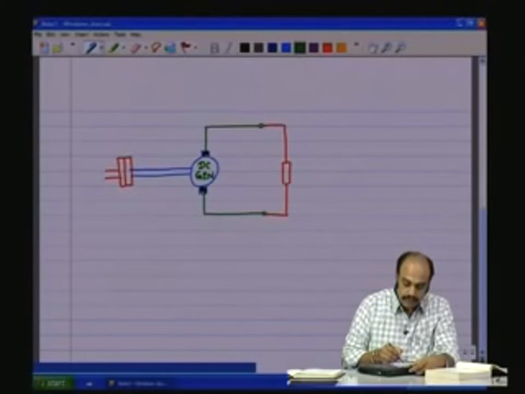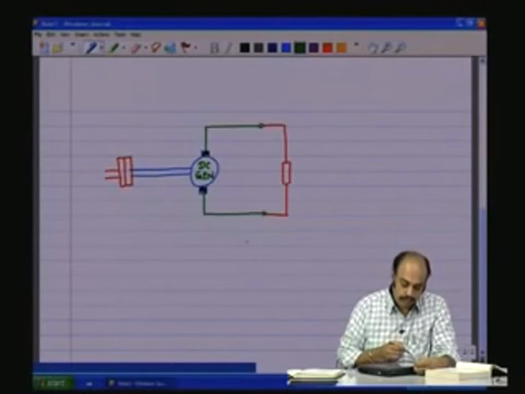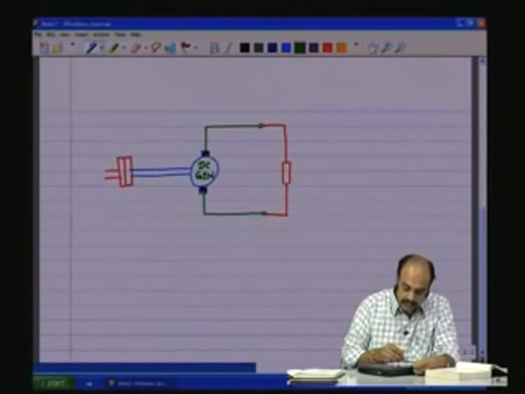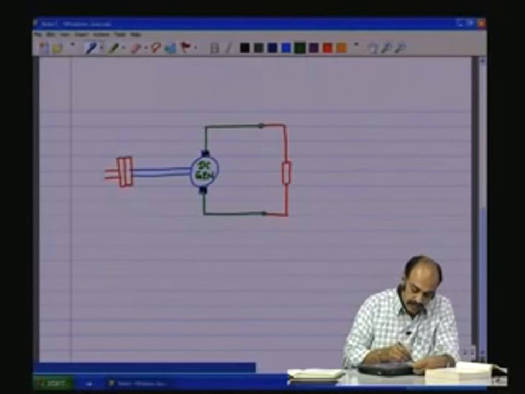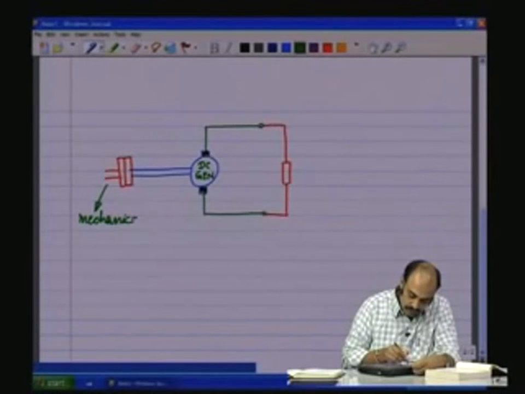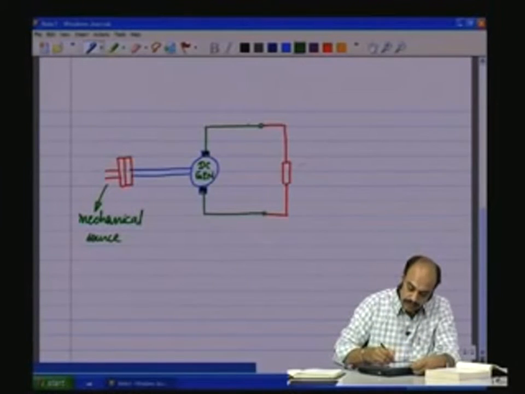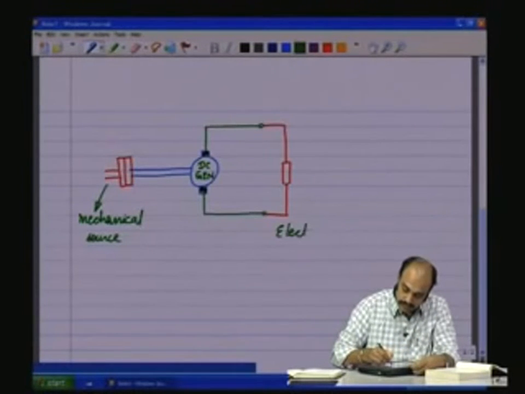There are the brushes which link the magnetic portion of the DC generator to the electrical portion of the circuit, and there is a shaft which is coming out of the generator which is connected to the armature, and that is linked to the prime mover, and here is the mechanical source, and you have a mechanical interface that goes into the magnetic domain, and then you have the electrical load.